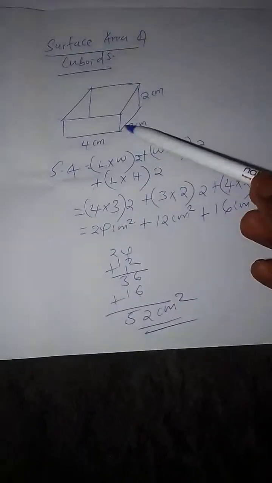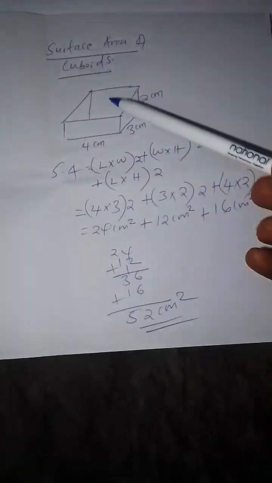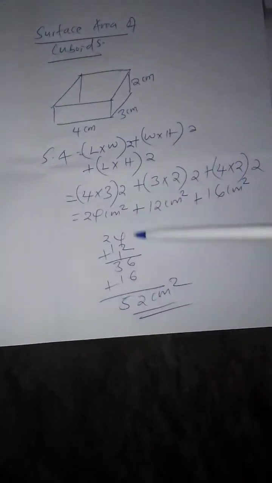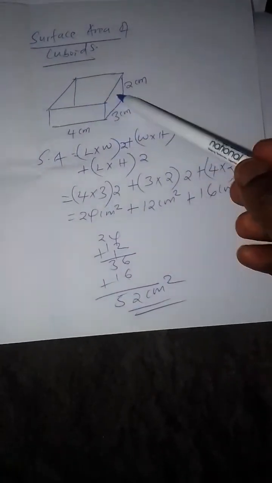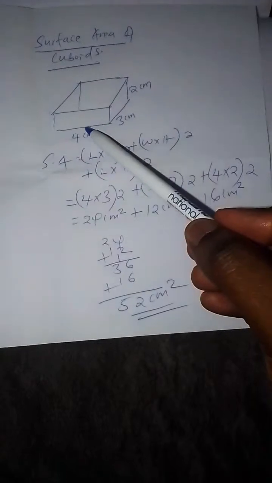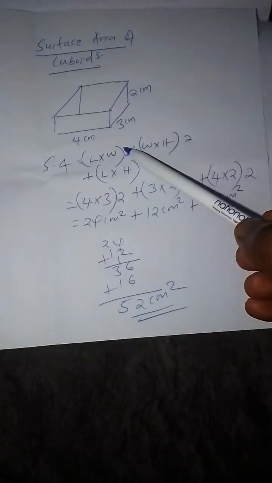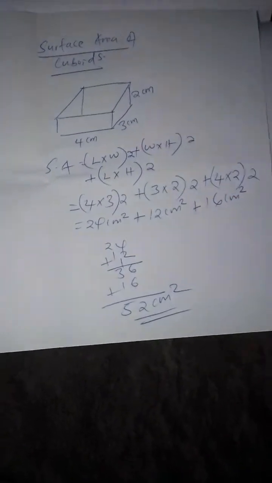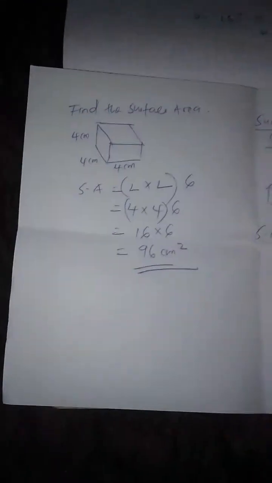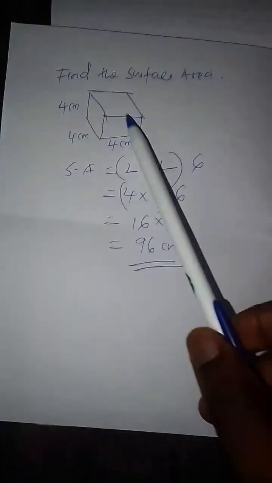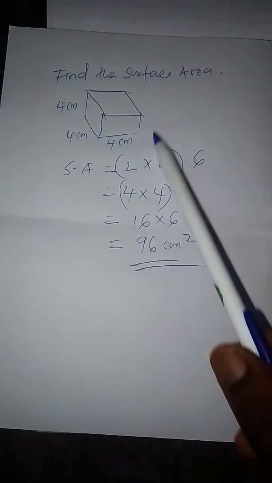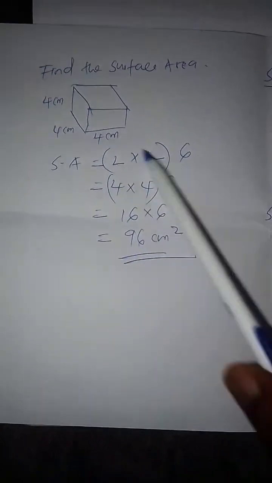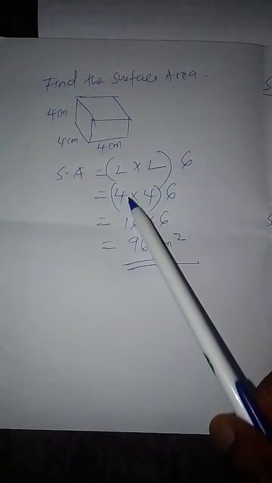So that is how we find the surface area of cuboids. We have to multiply all its faces, like 4 by 3 multiplied by 2, 3 by 2 multiplied by 2, until we get 8. It is more or less the same as finding the surface area of a cube.